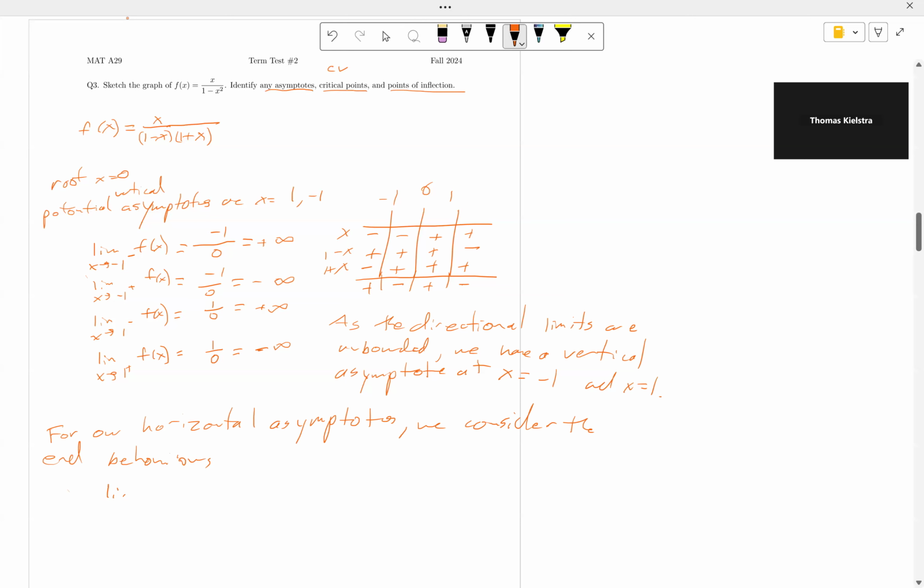The limit as x approaches infinity of x over 1 minus x squared equals the limit as x approaches infinity of (1 over x) over (1 over x squared minus 1), which equals 0 over 0 minus 1, which equals 0 over minus 1, which equals 0.